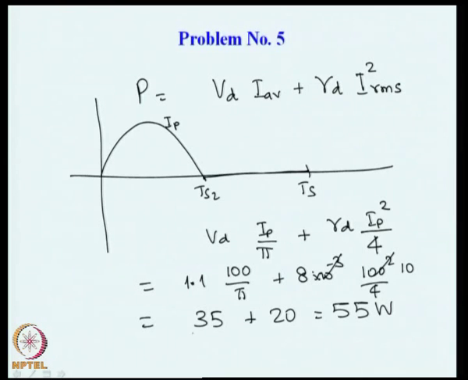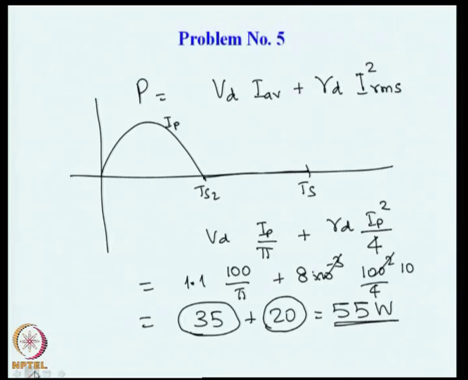Okay. So, this portion is because of the average current dissipating power in Vd. This is the RMS current dissipating power in Rd, and the total power dissipation is 55 watts.